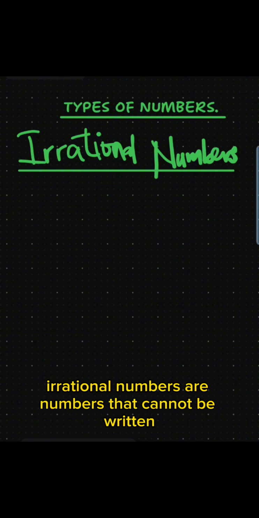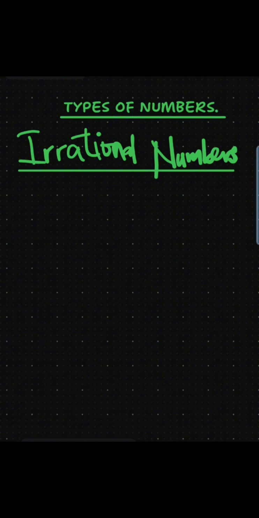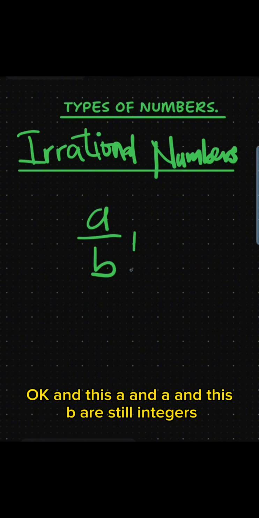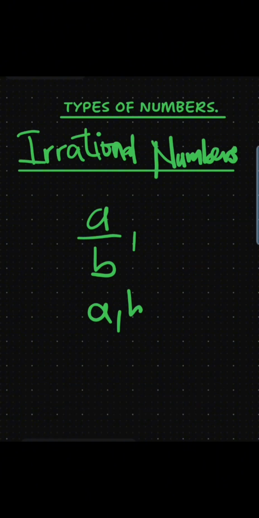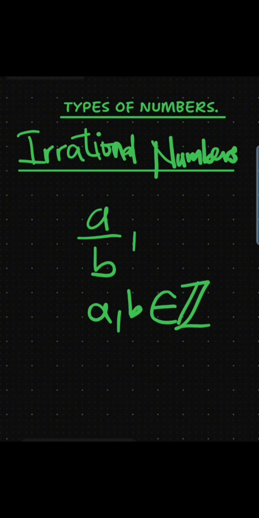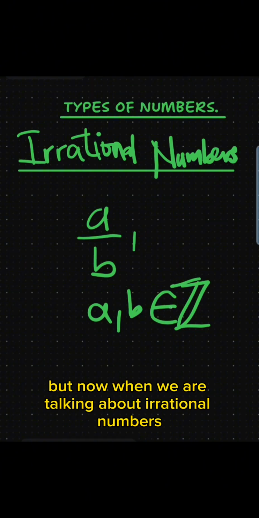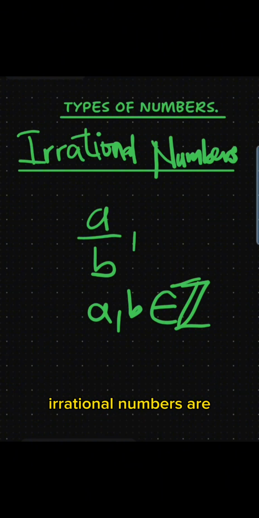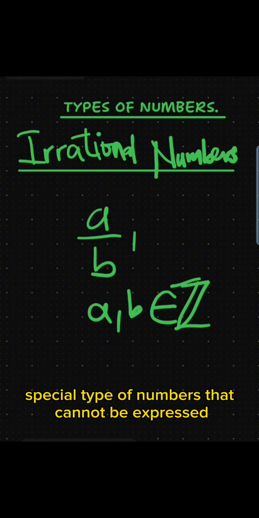Irrational numbers are numbers that cannot be written in the form a on b, where a and b are still integers. They still belong to the set of Z. But now we are talking about irrational numbers, a special type of number that cannot be expressed that way.